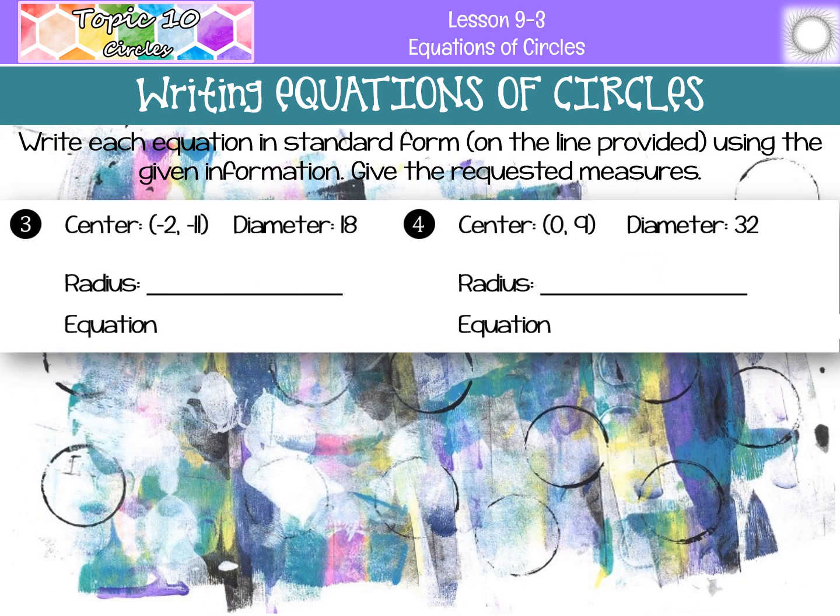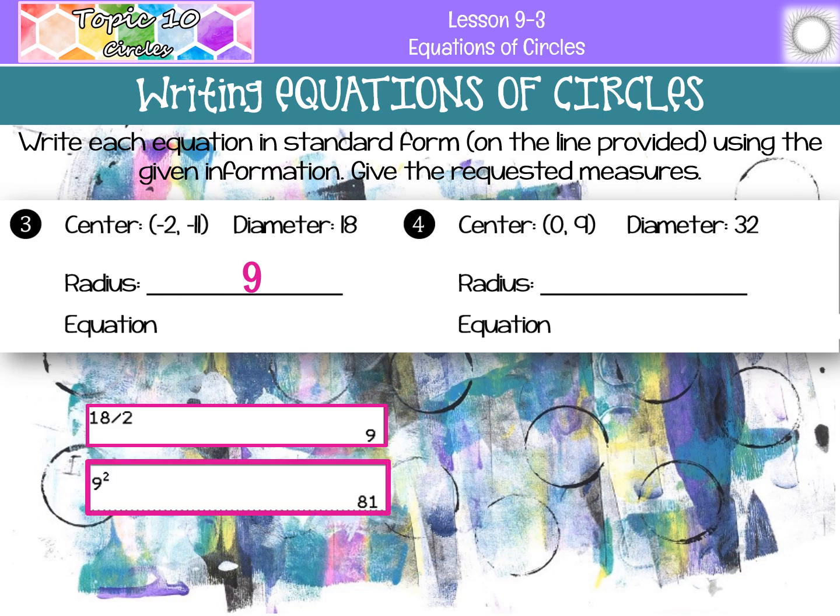Number 3. Now we're given the diameter. So we need the radius. So cut that in half and we get 9. And now we need to use that. We have to square the 9. Use the 81 in our equation. Remember, opposite, opposite. So x plus 2, that quantity squared, plus the quantity y plus 11 squared equals 81.